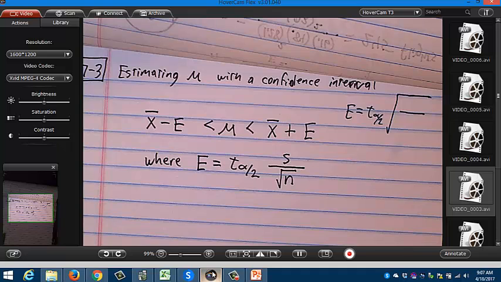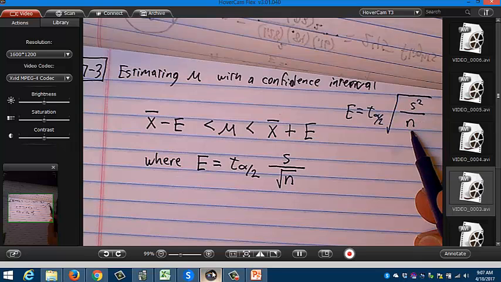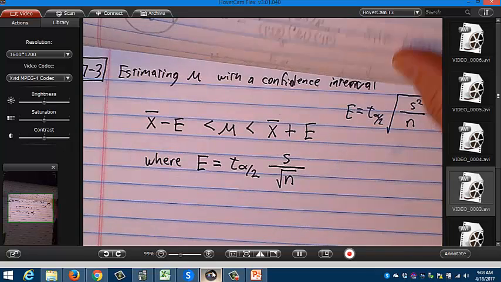Do you remember what we did the square root of for the other formula? It was p hat q hat over n. Well, what it really is, guys, is the square root of s squared over n. s squared is the variance. That's what it really is. But I think they wanted to give a simpler formula, so they just square rooted that. But they didn't show that. Okay?